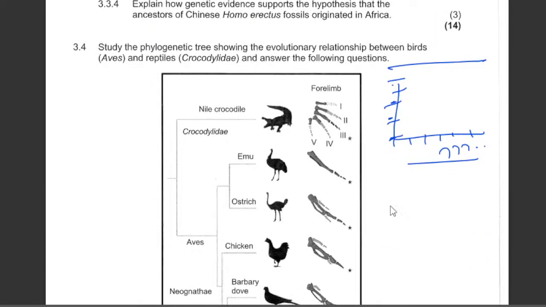Maybe you can start from 0, then 500, 750, 1000, 1250, 1500. Like that, it must have the same range.